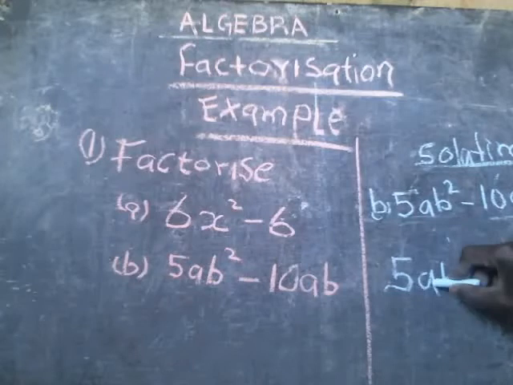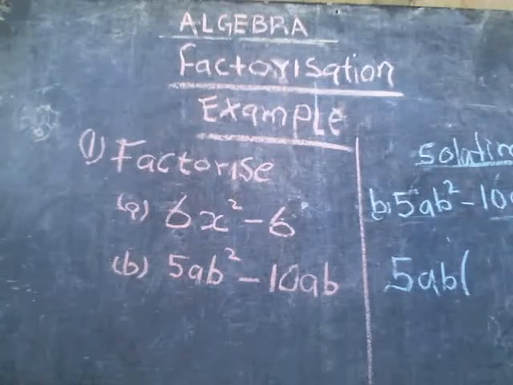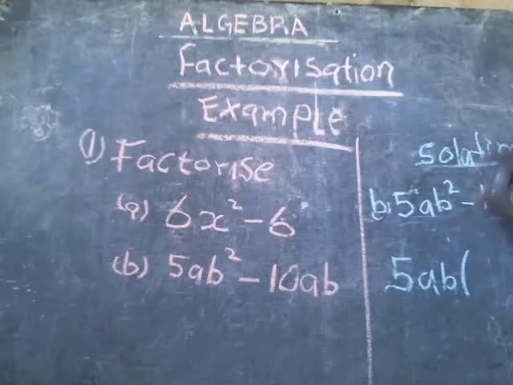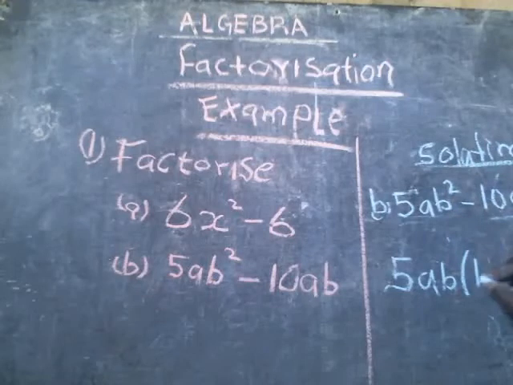So how many times does a go into a? It goes there once. So how many times does b go into b squared? Okay, so we see that there are 2 b's there. So we took out 1 b and brought it down there. So that left us with only b on top.